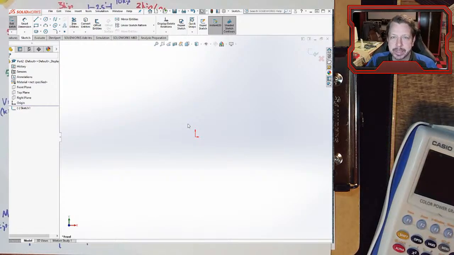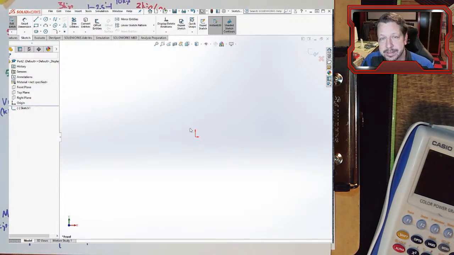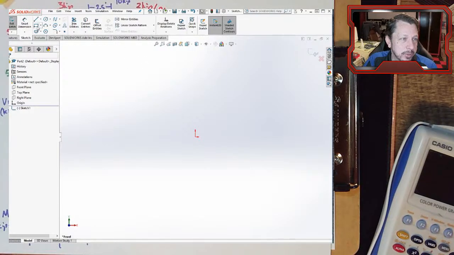We will make it out of metal just because simulating wood, or a material that's anisotropic, something that doesn't have the same mechanical properties in all directions, is a little bit complicated beyond what we need to do in this particular course. So we're just going to do a flat dog bone shape steel specimen.